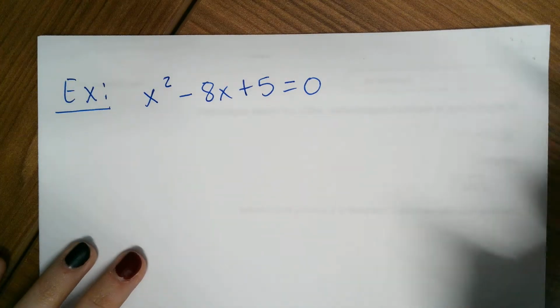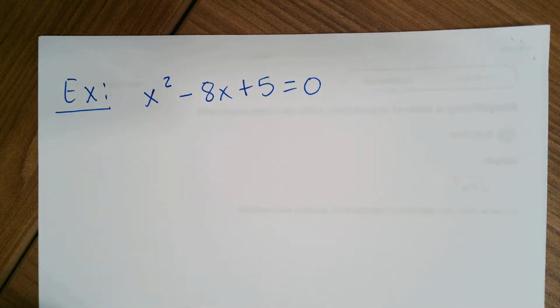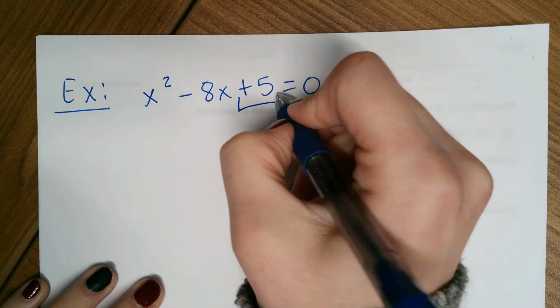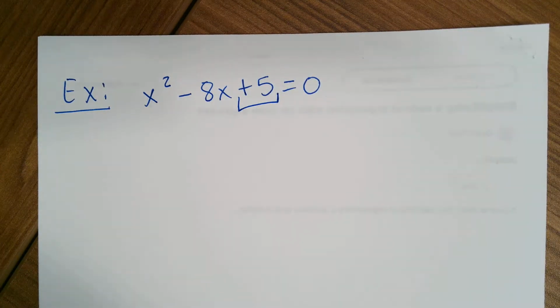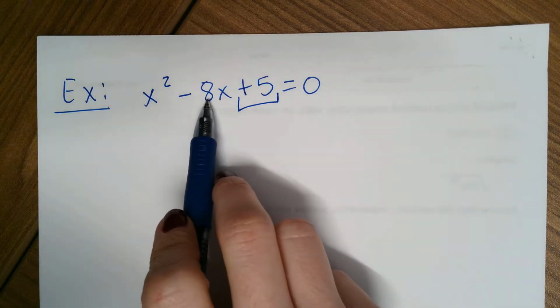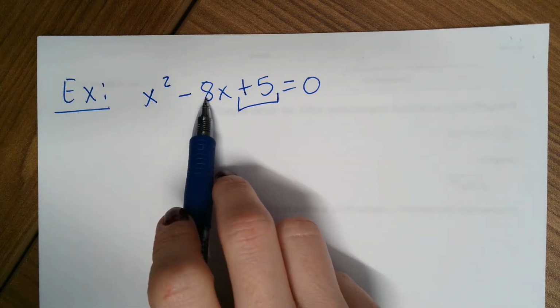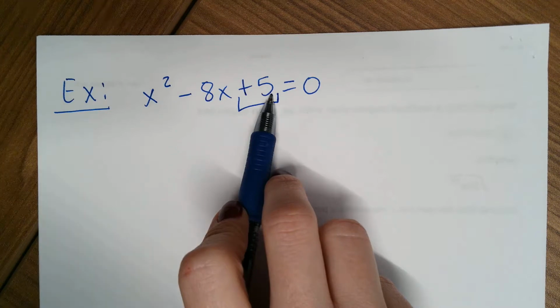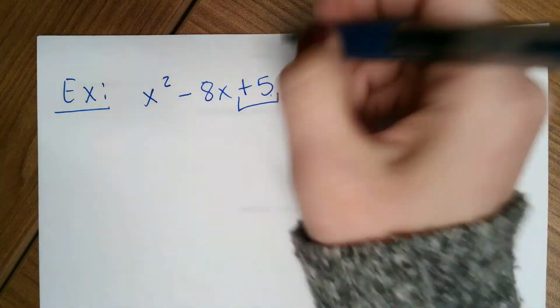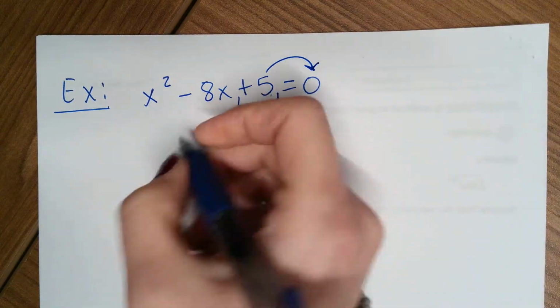So we have to go back and think about the perfect square trinomial. Is 5 the c value, or the plain constant, that makes this a perfect square trinomial? Well, half of -8 is -4, and -4 squared is 16. So 5 is not the value, so I'm going to move it to the other side, in this case by subtracting.